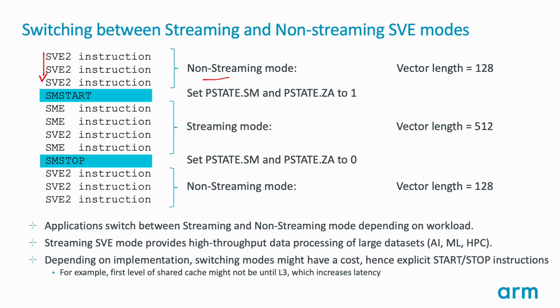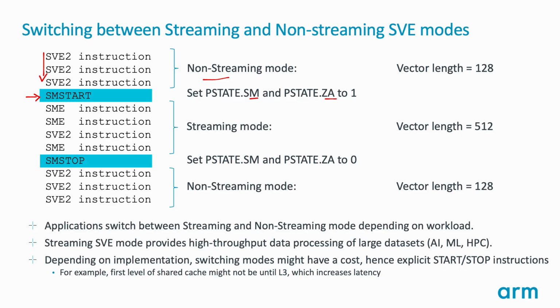You can execute the SMSTART instruction that will enable the streaming SVE mode by setting the SM field and ZA field in the PSTATE. The SMSTART instruction can enable both streaming SVE mode and ZA storage simultaneously. If you want to independently start, you could use the alternative instructions SMSTART SM and SMSTART ZA.